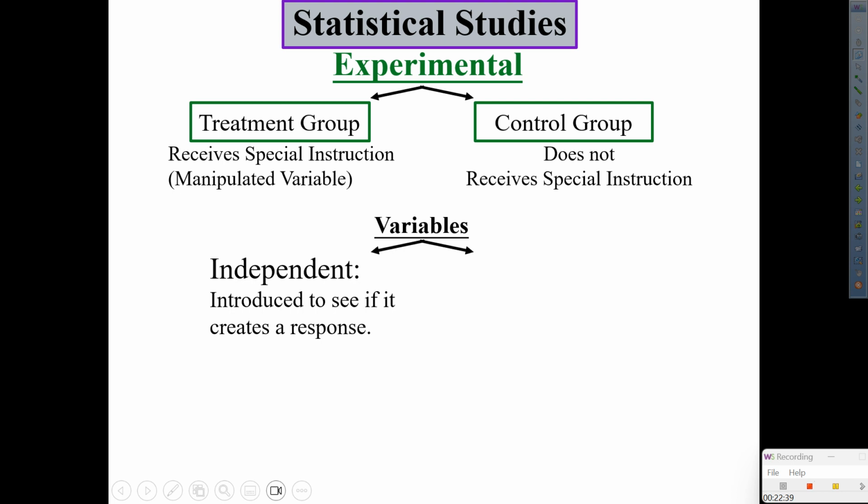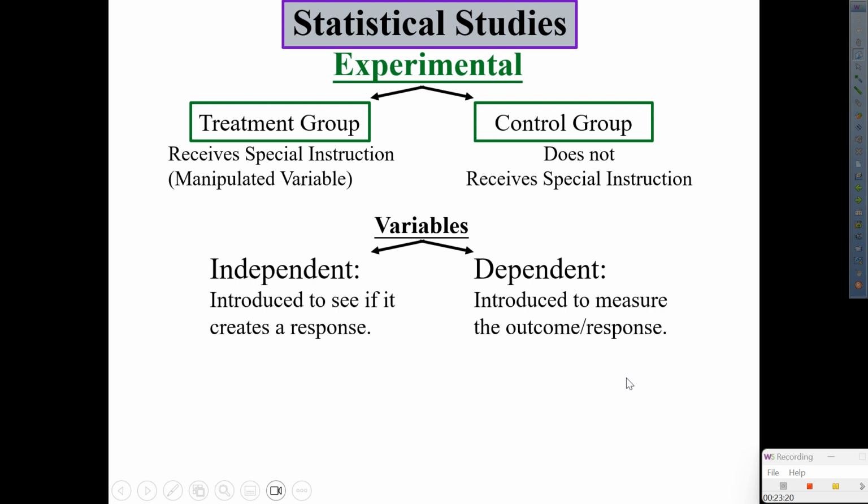But then what did I introduce that was going to affect people slowing down? The poster and the radar gun, is that correct? That's what we call an independent variable. When you introduce something that's going to create a response to the situation or to the people that are being observed. Now, that's independent. The other one is known as dependent.